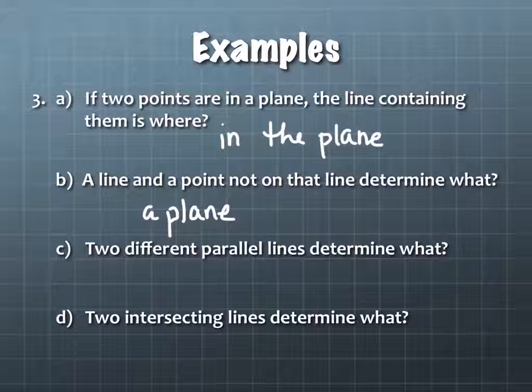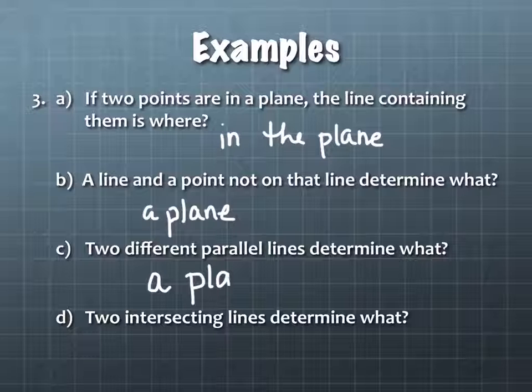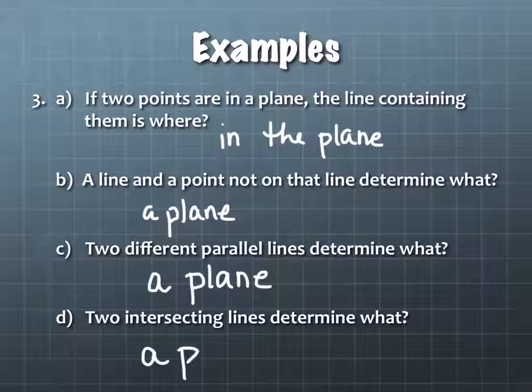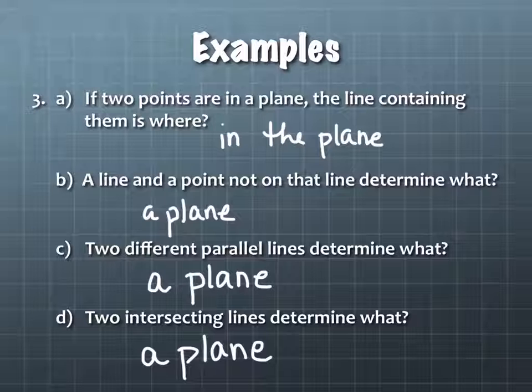They are coplanar, so they determine a specific plane. And 2 intersecting lines determine a plane as well. All of these give sufficient information to be in one specific plane, because they all give 3 non-collinear points, and that's what it takes to determine the plane.